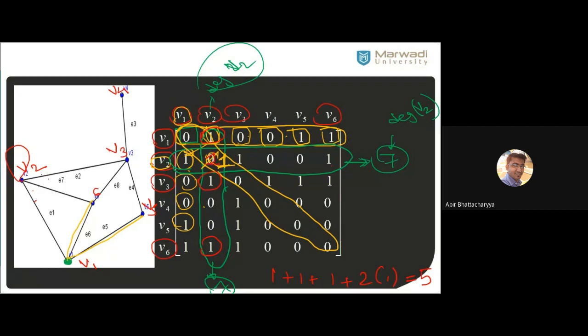Why are you multiplying by 2? Because this is a self loop. A self loop means it has 2 connections from vertex V2 to V2, and again V2 to V2 in another direction. There are 2 different directions. That is what you have to take care of, because what I prefer is 2, but your book is not permitting it, so you have to write 1.